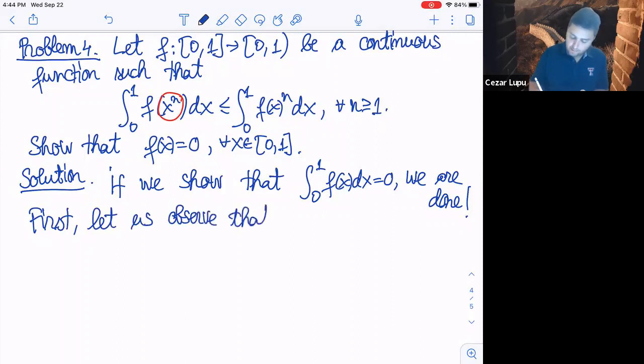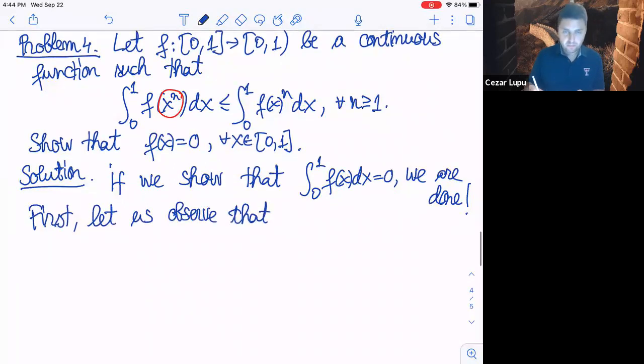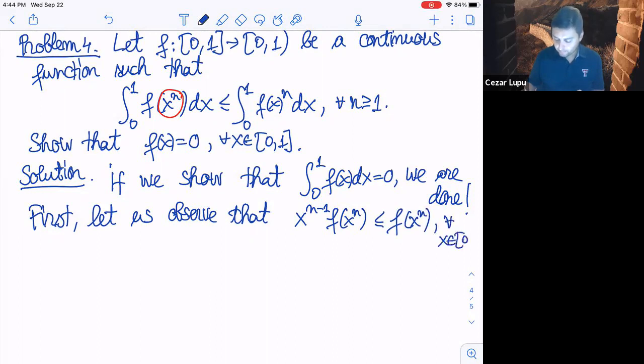let's observe that if we multiply x to the power n minus 1 by f of x to the n, this will be less or equal than f of x to the n, right? For all x in [0, 1]. That's obvious.